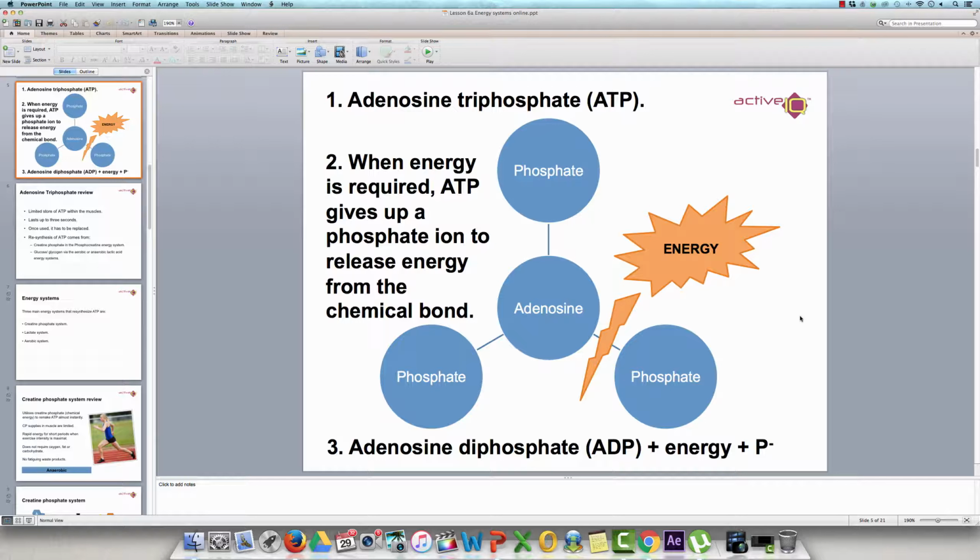In case you didn't know, di means 2, tri means 3. No matter which energy system we're using, which we're going to look at in a minute, they're all about creating ATP, making more ATP available to the body.